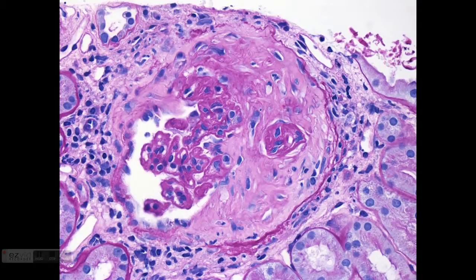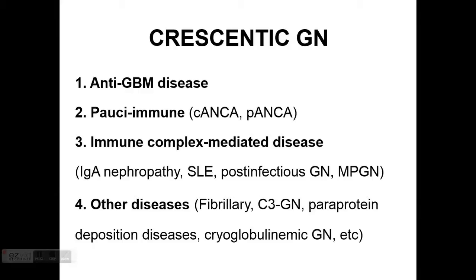So we have progression from cellular to fibrous crescents. And this is basically what is left of the tuft here to the left, and then you have this small portion also split off the main tuft over here. So that is how old crescent would look like.